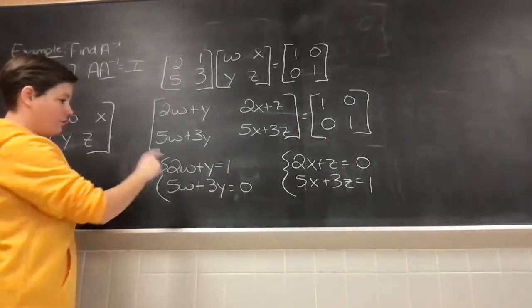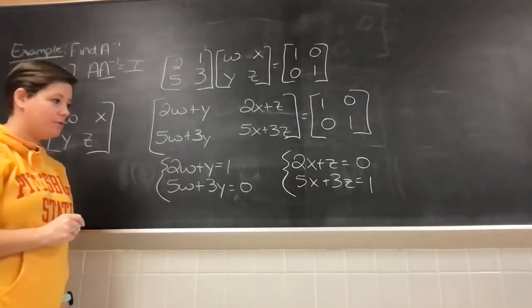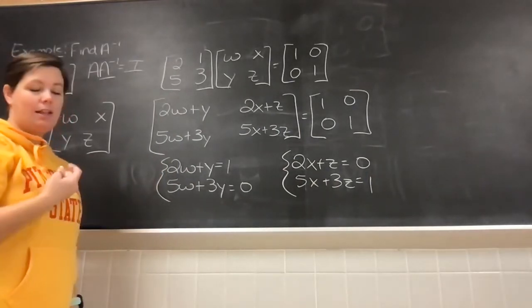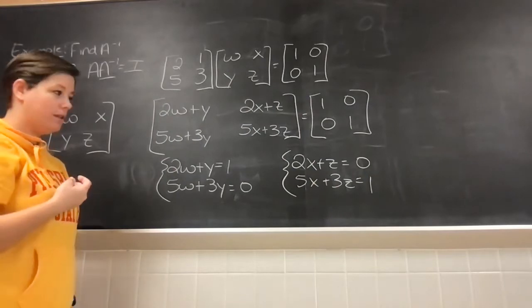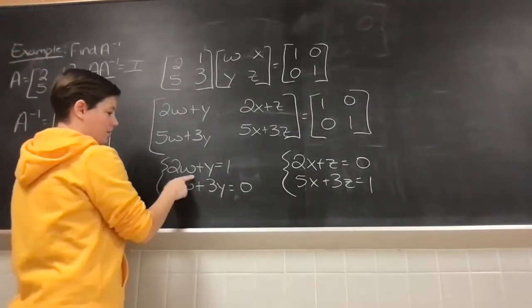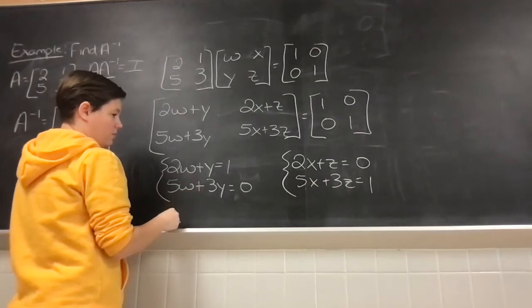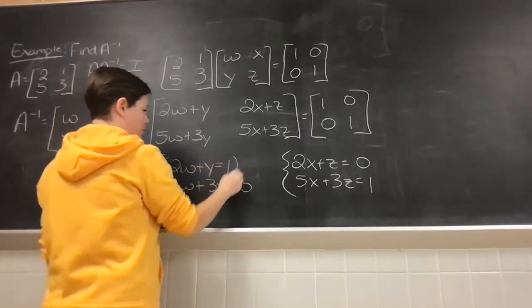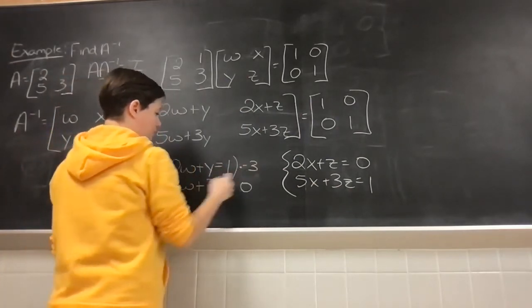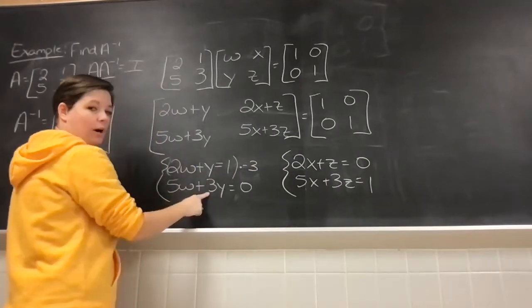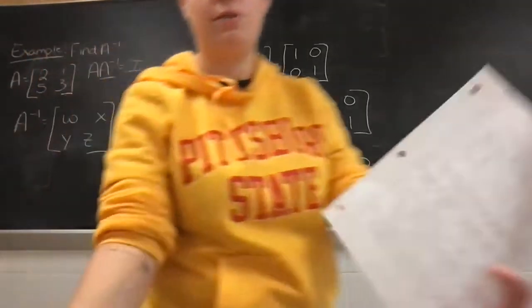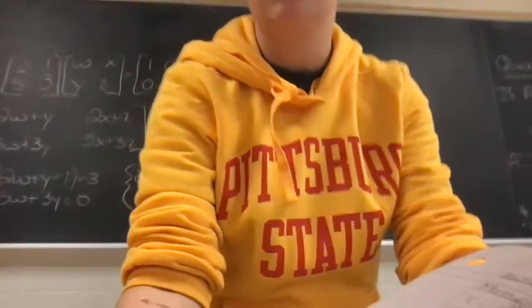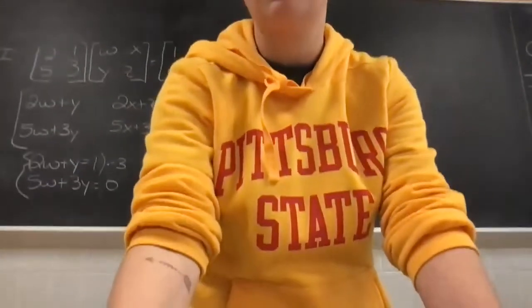I need to solve my systems of equations for my variables. The easiest way that I like to do it is with the addition method. So if I'm looking at these equations, the easiest way is going to be to multiply my top one by a -3 in order to eliminate out my y's. I'm going to shift down just a tiny bit so that you can see the rest of the work for this problem all at the same time.